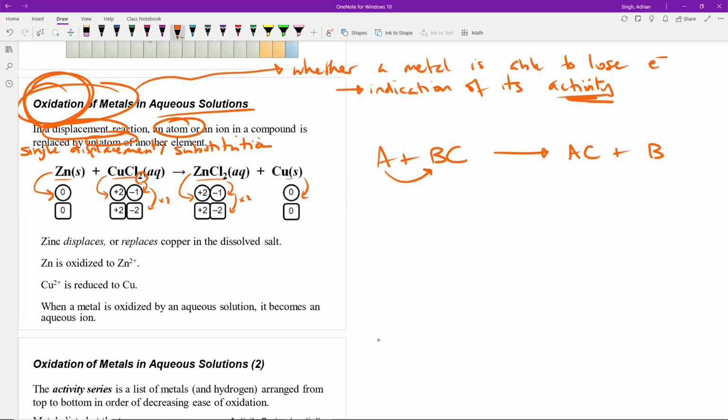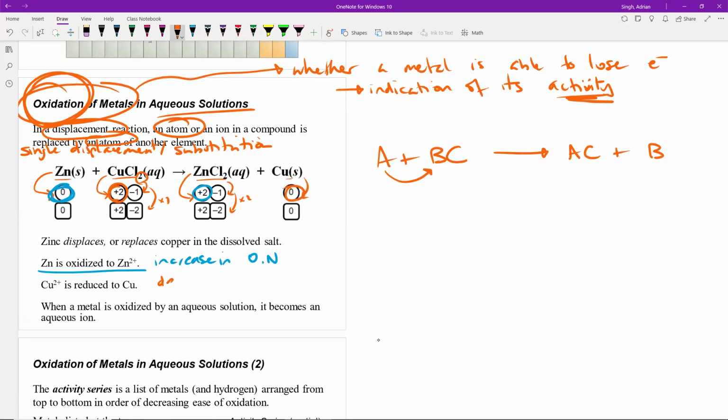So what's happening here is, if we look at what's occurring with the zinc, zinc goes from oxidation number 0 to +2. So the zinc is oxidized. There's an increase in the oxidation number, which means that the copper is the thing that has to be reduced, and we can tell because copper goes from +2 to 0.